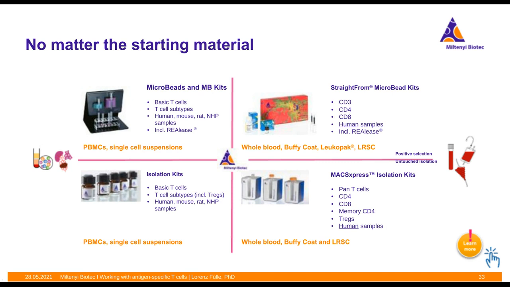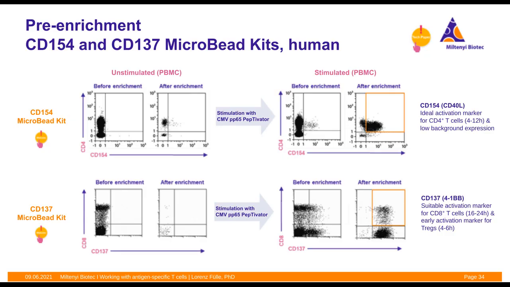And last but not least, we also have the so-called MACS Express isolation kits, which isolate your T cells in an untouched fashion directly from whole blood. However, with the MACS Express approach, in contrast to the other technologies, it is not automatable, but still it is very fast and absolutely uncomplicated to use.